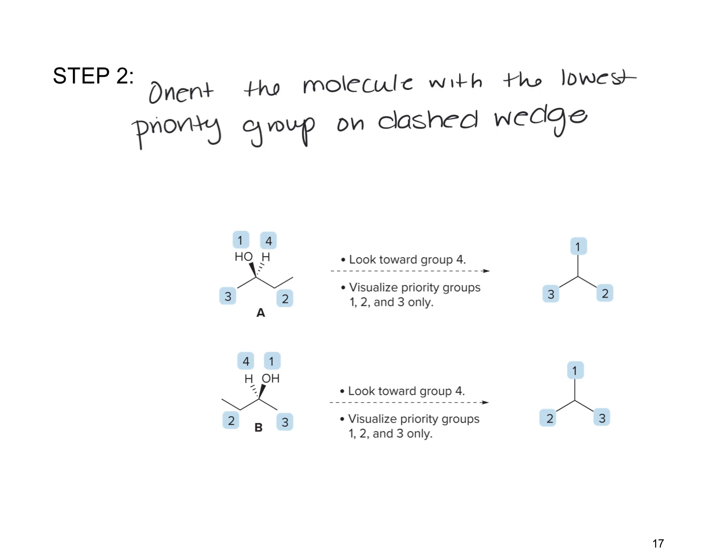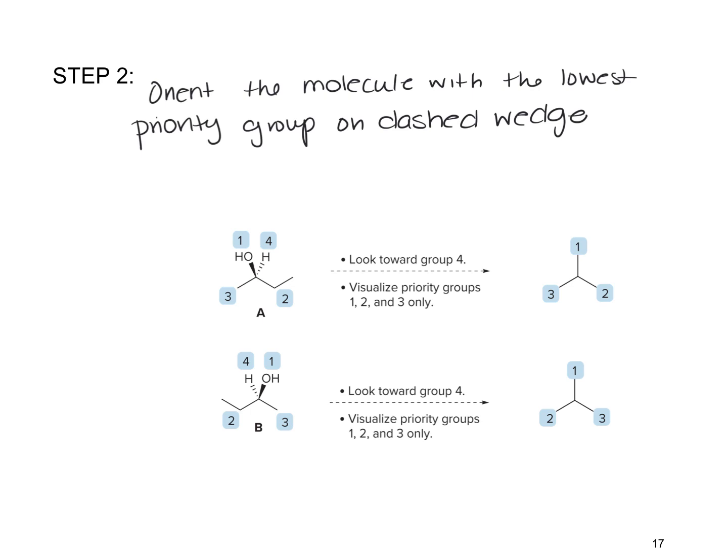Okay. And when you do that, when you push this guy back, that makes 1, 2, and 3 come to the front, and you need to just visualize those. Okay. And so, for example, if we've got this here, we're just doing 1, 2, 3 here, right? If we're looking at the other one, where the OH is back here, then it's 1, 2, 3 this way. Okay.